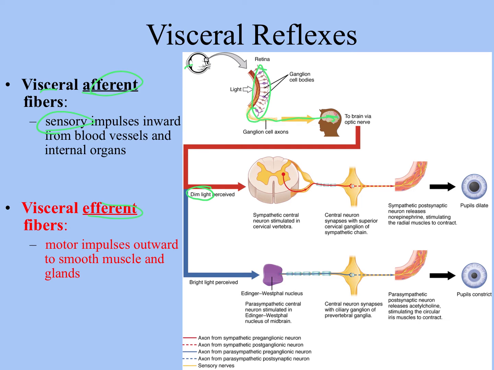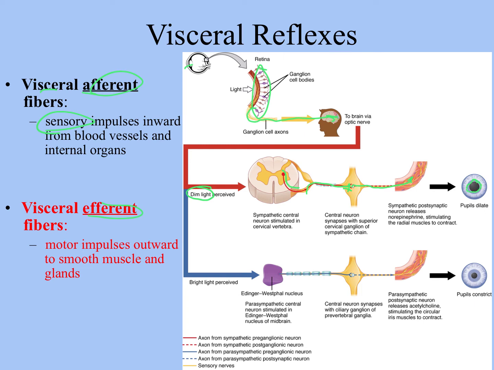There's not much light coming through. So that's going to send a signal down to the spinal cord and activate an autonomic reflex. Specifically, this is going to be a sympathetic reflex that's going to go to the preganglionic fiber, activate the postganglionic fiber to the pupillary muscles, and that's going to cause the pupillary muscles to dilate so that you can see better in dim light.